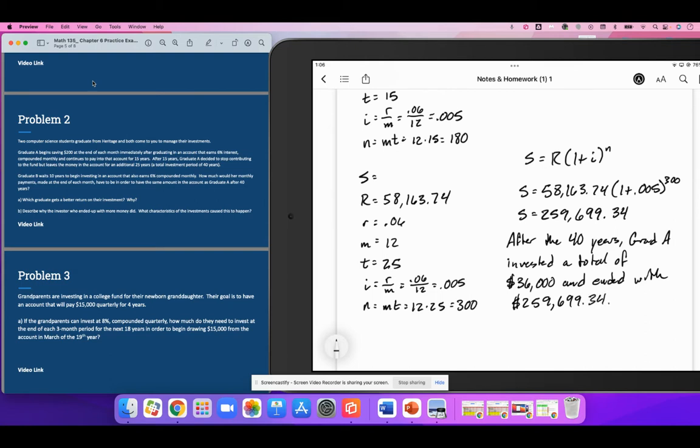So they made about $220,000 for doing nothing, but just putting some money in the investment. So a return on investment, another way to say that is growth, is about 220 grand.